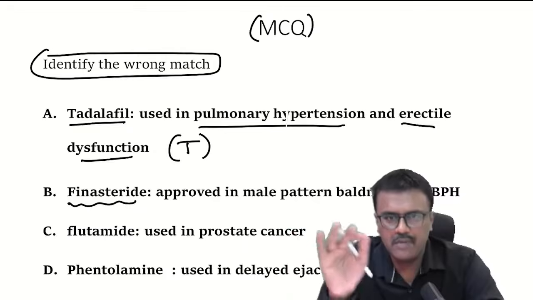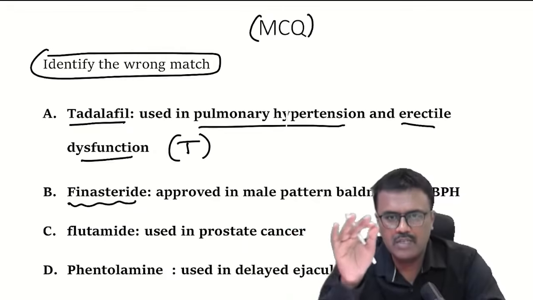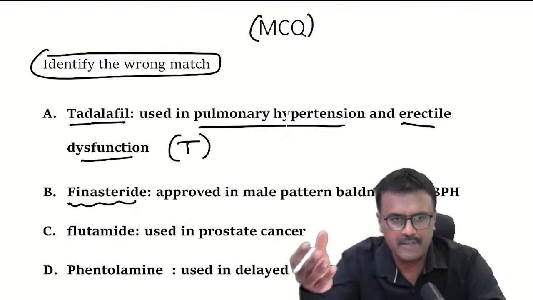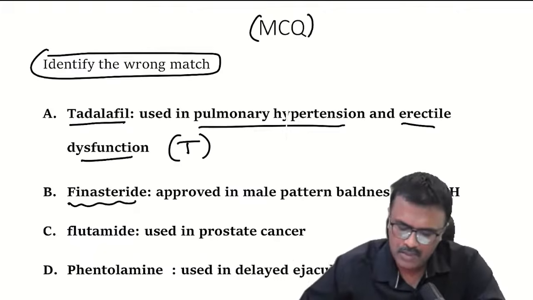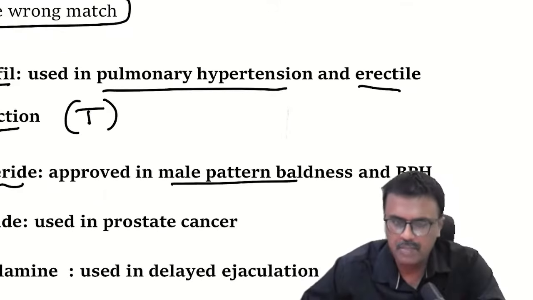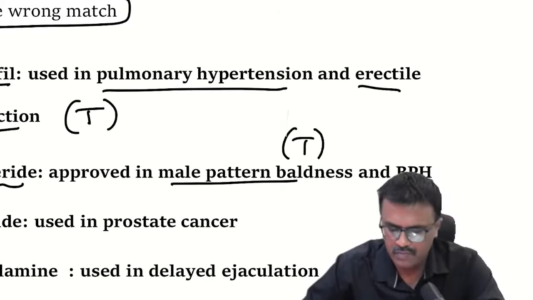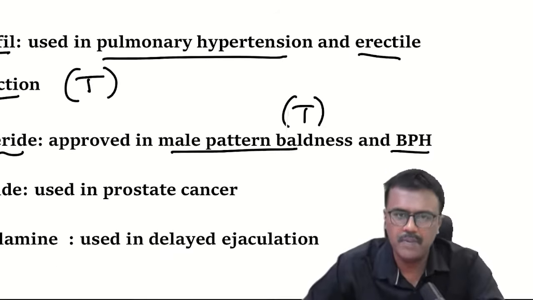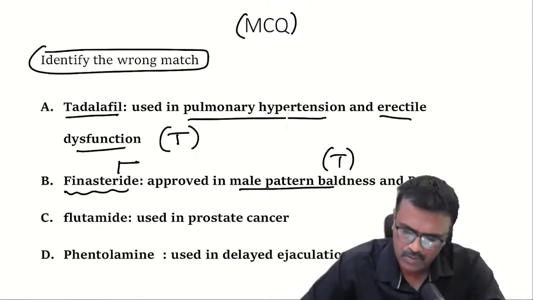So what happens if I inhibit 5-alpha reductase? Testosterone will not become dihydrotestosterone. Dihydrotestosterone is more potent. Finasteride is approved in male pattern baldness and BPH. True. And also it is approved for hirsutism in females.